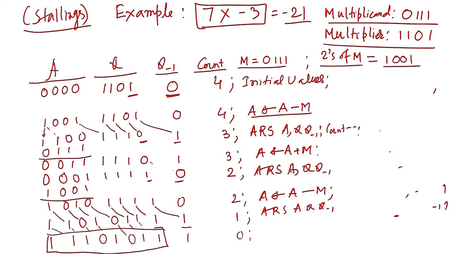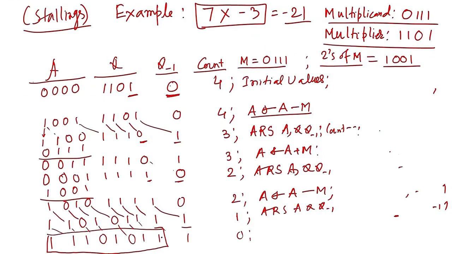Now, we have to check whether this is equivalent to negative 21 or not, then only we can verify the results. Okay. How do we verify? This represents itself in 2's complement. So, to get the magnitude, you subtract 1 and then take the 1's complement. If you subtract 1 from this number, it will be 1 1 1 0 1 0 1 0, and then you take the 1's complement, 0 0 0 1 0 1 0 1.